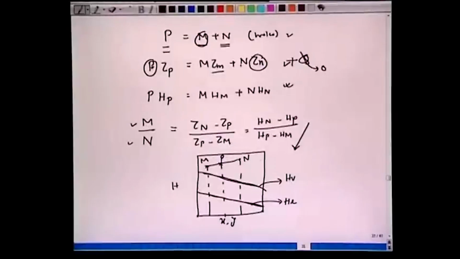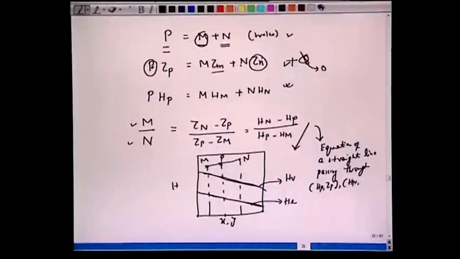Alright. So this is nothing but the equation of a straight line passing through Hp, Zp, Hm, Zm and Hn and Zn. Whatever relation we have for M by N from the first two, we can also obtain in terms of Hn minus Hp.